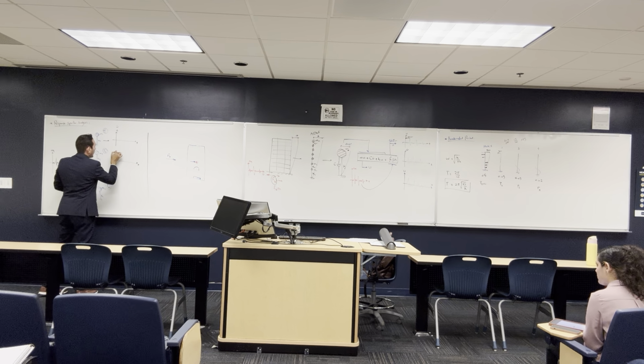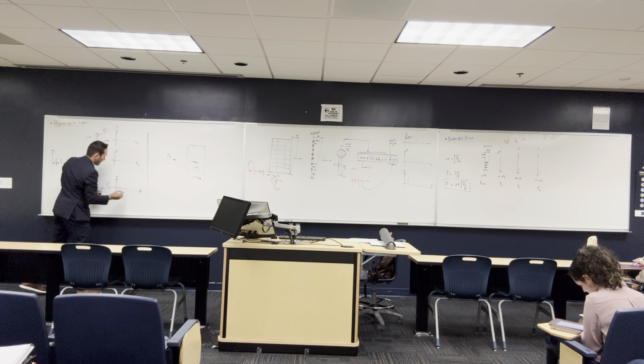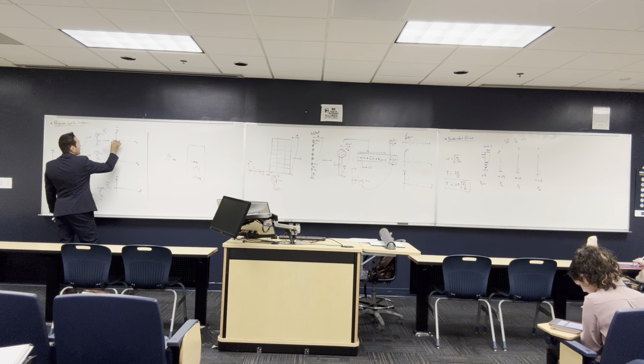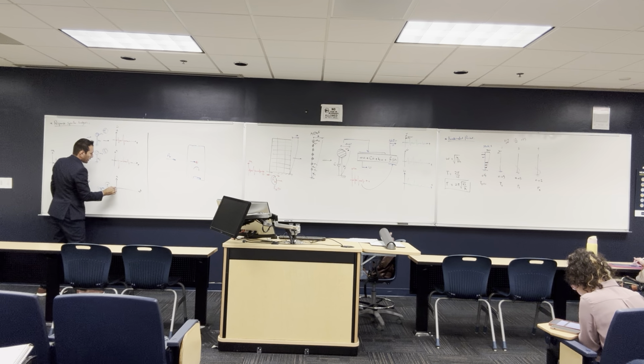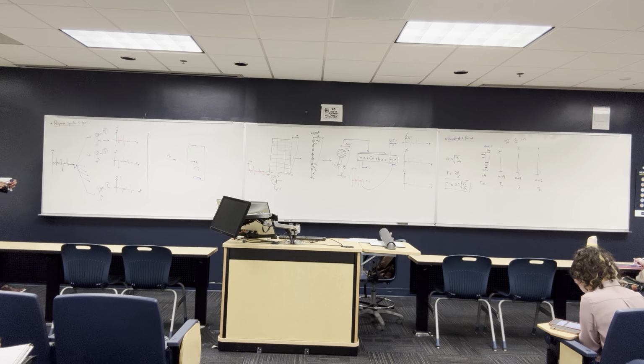T and A, T and A. Once they solve the differential equation for each one of them, it gives something like this one, something like this one. Every building is going to have a different response.